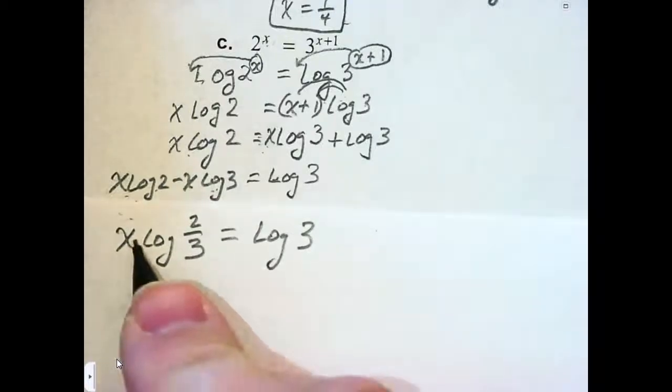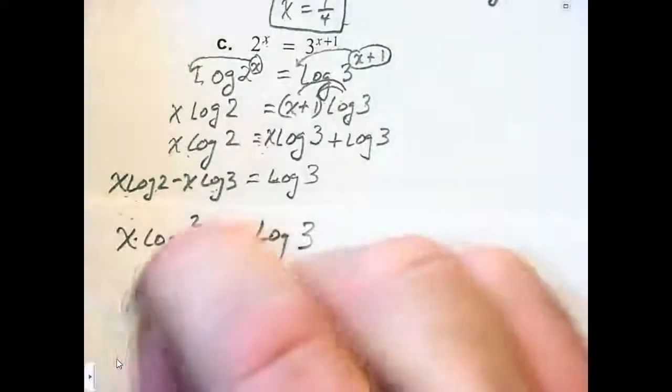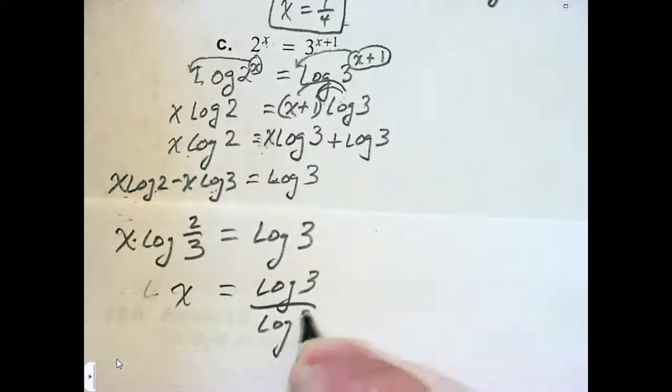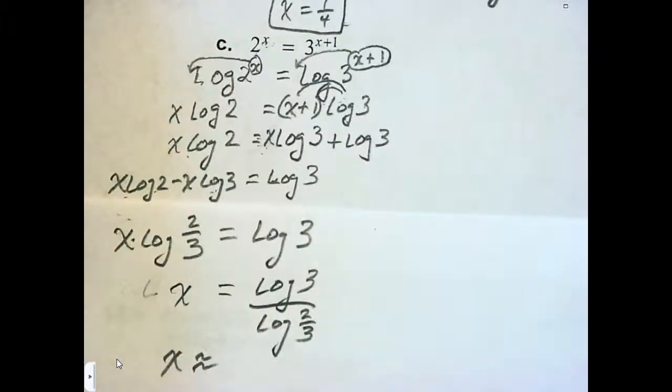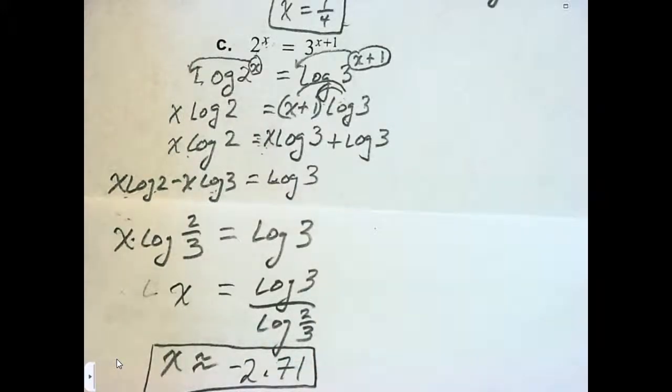How do you get x by itself? You divide. So you would end up dividing by log of 2/3. You get x equals log 3 over log 2/3, which is approximately... that is a fun one.